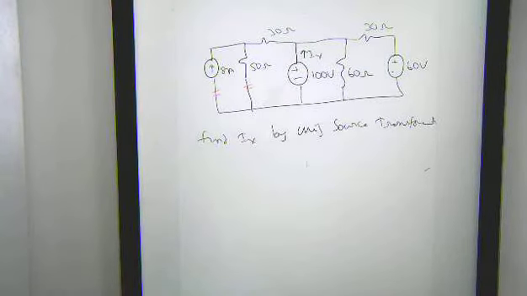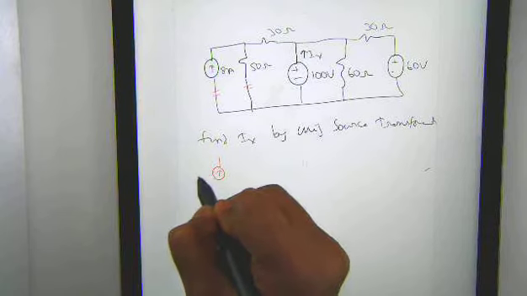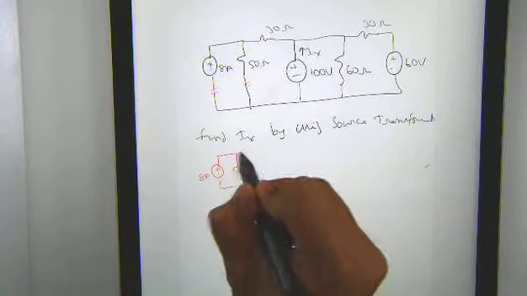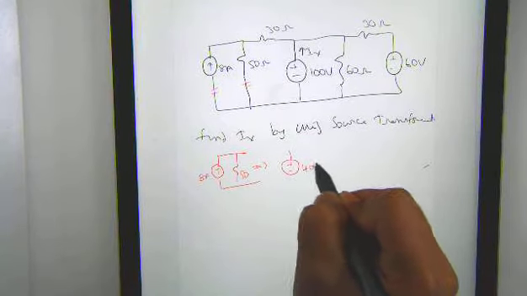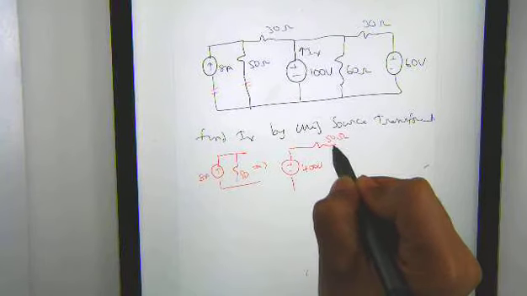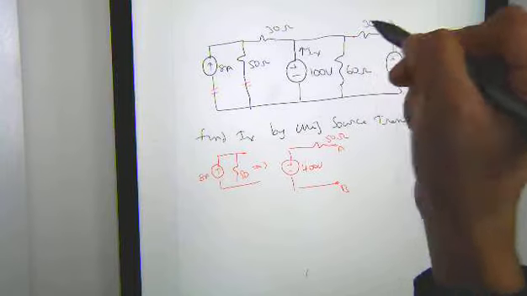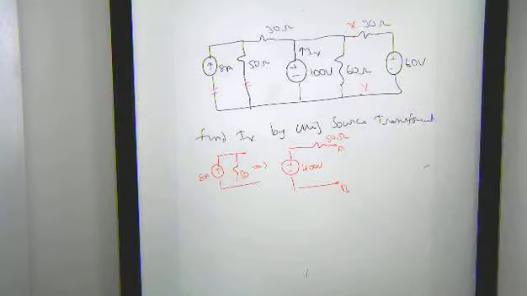Okay. So if you look at here, we can transfer this 8 ampere source and 50 ohms into a voltage source in series with resistor. So I have 8 ampere in parallel with 50 ohms. I can transfer this into a 400 volts and 50 ohms, A and B. Same thing, on another end I have 30 ohms in series with 60 volts.